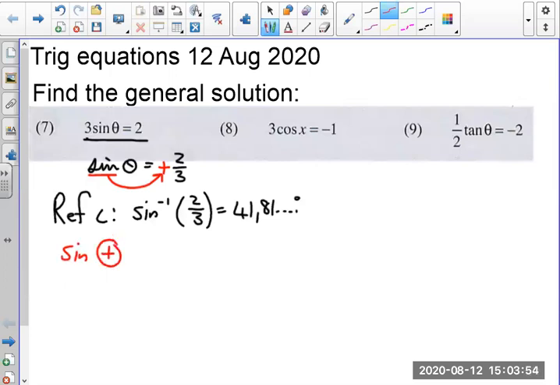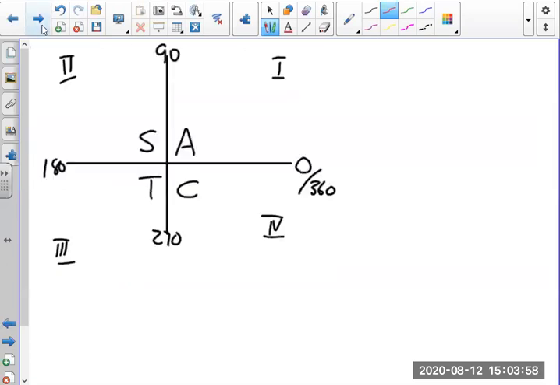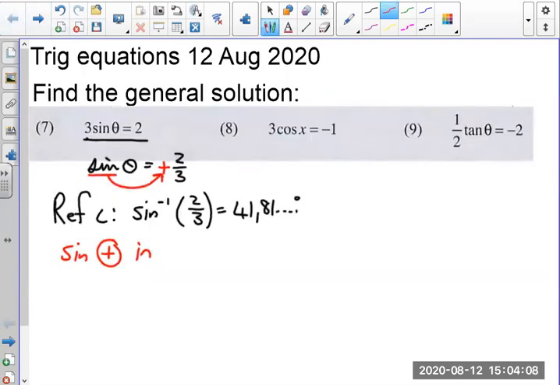Because that's what your sum says. Now you go to your set of axes. Sine is positive in the first quadrant and in the second quadrant. So you say sine is positive in quadrant 1 and quadrant 2.